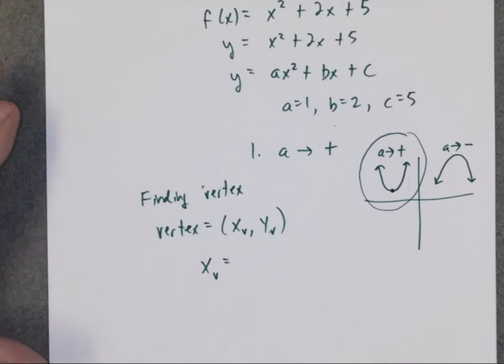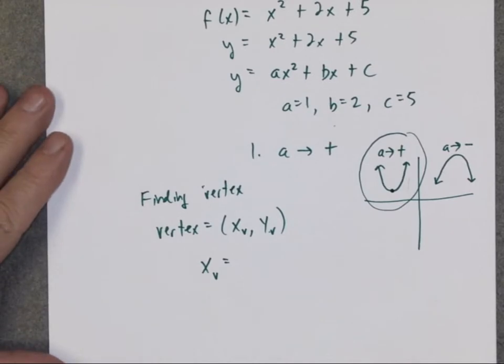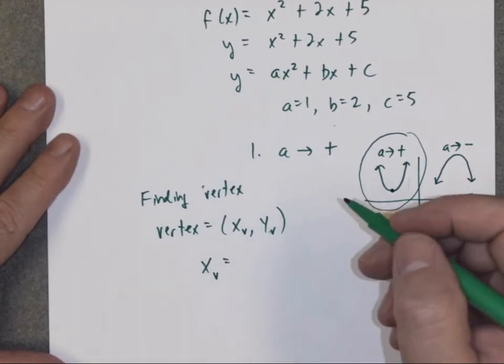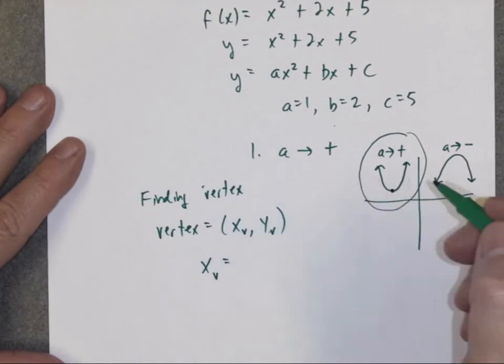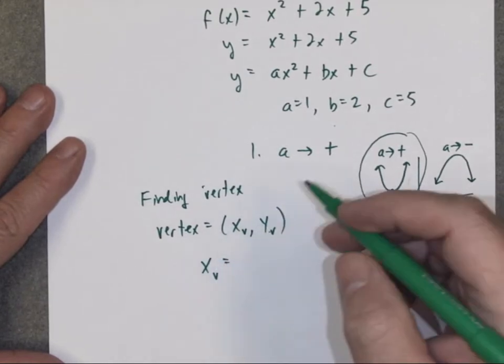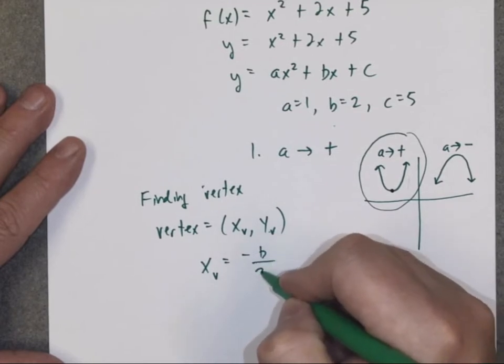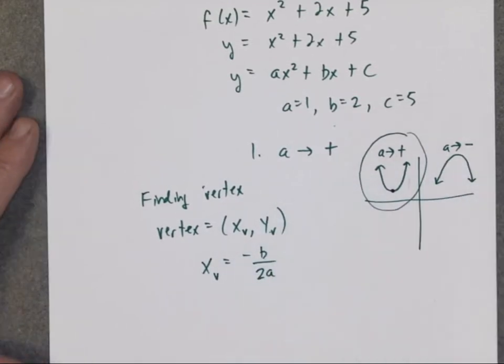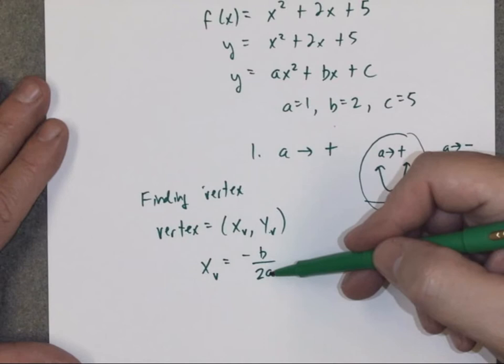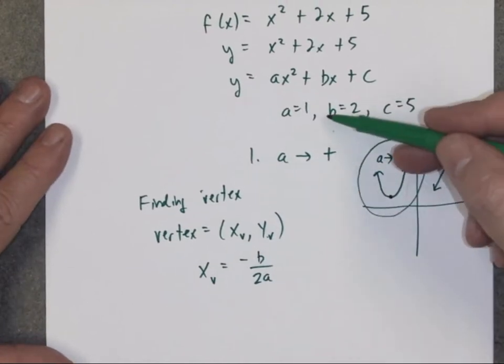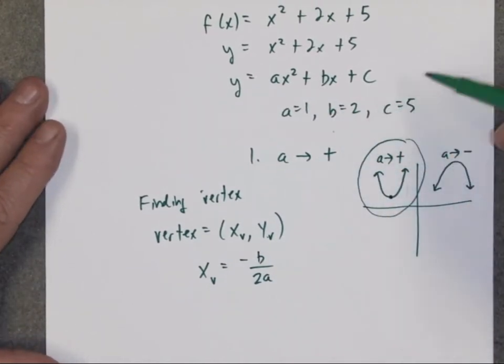The x value of a quadratic equation, or the x of the vertex, here's the formula: negative b over 2a, where once again, the a and the b you get from the original equation.